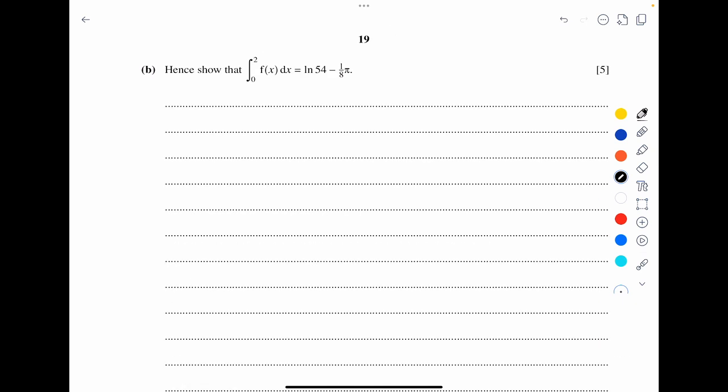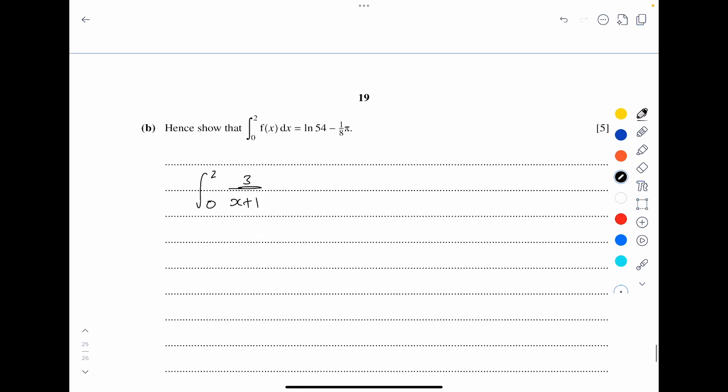So, first off, I can rewrite this as the integral between 0 and 2 of 3 over x plus 1, minus (2x minus 1) over (x plus 4)... sorry, (2x minus 1) over (x squared plus 4) dx. Brilliant.